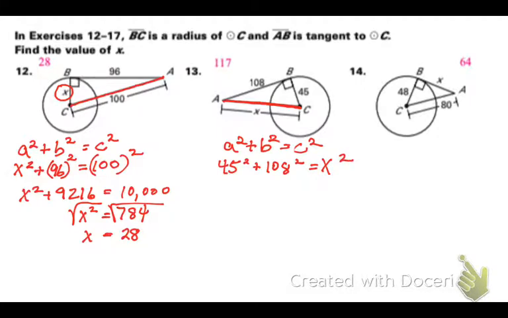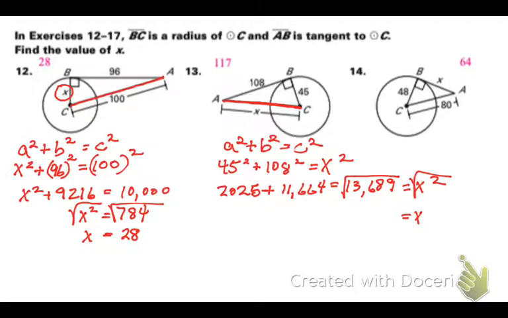Get your calculator out: 45 squared plus 108 squared is 11,664, and that is going to equal 13,689. So it's equal to x squared. We're just going to take the square root of both, and x is going to be equal to 117.